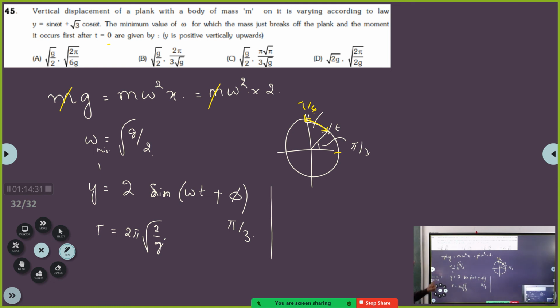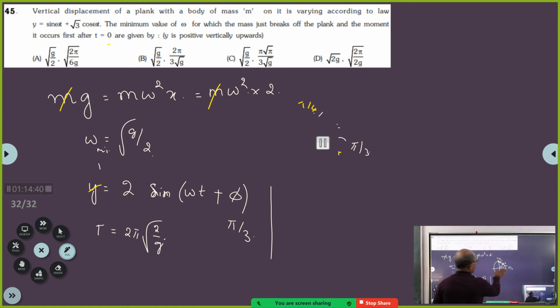Okay, we will go to the maximum position now. Minimum value of g for the mass just breaks off the plank and the moment of it. That means this y also we should take as 2 for this to happen, because it will go to the highest position.